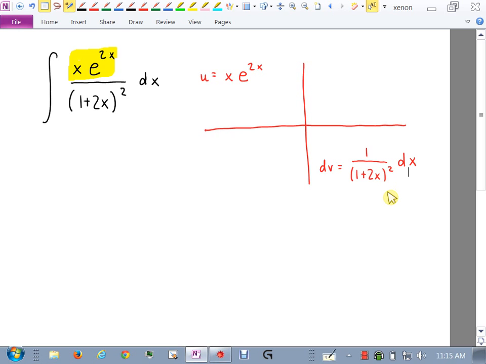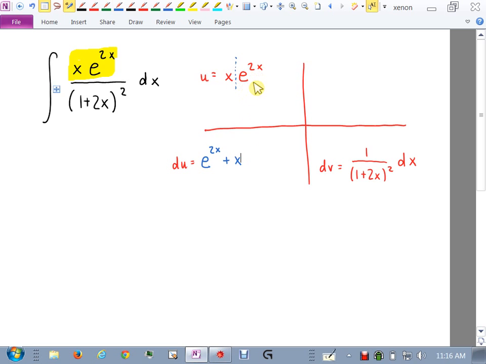Now let's see that this actually works. Let me start with du. To take the derivative, I have to look at this as a product between these two factors, so I apply the product rule. That gives me the derivative of x, which is 1, times e to the 2x, plus x times the derivative of e to the 2x.